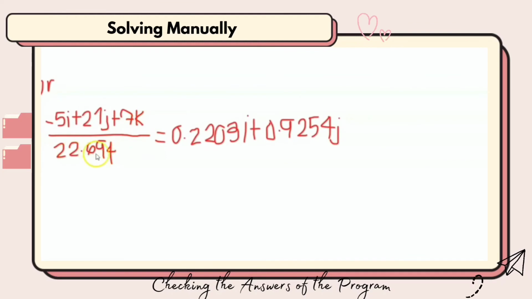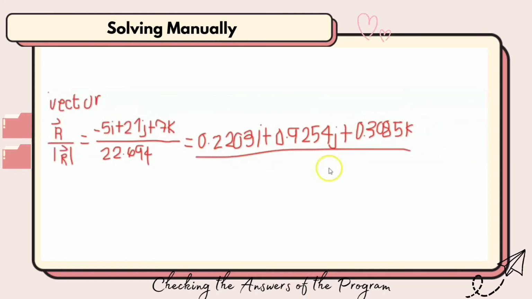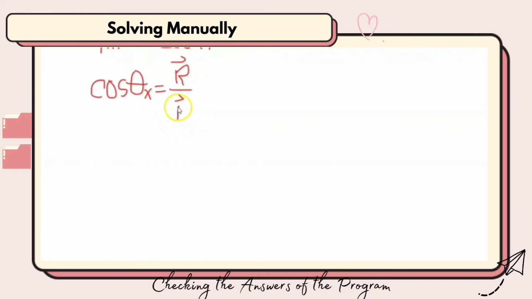And 7k divided by 22.694 will be equal to 0.30385k. The last step in solving manually is getting the angles for the vector.